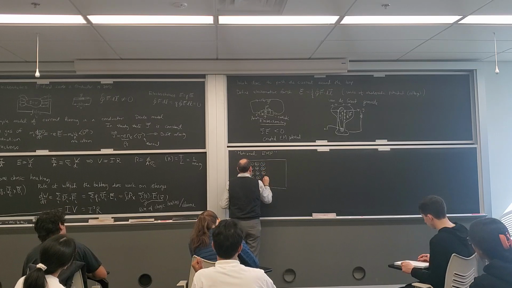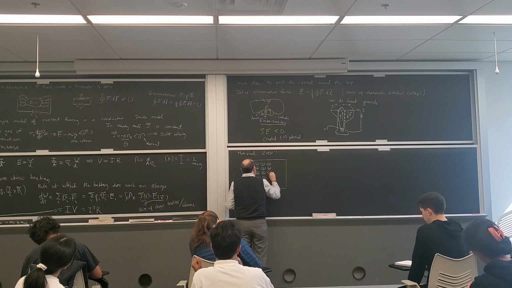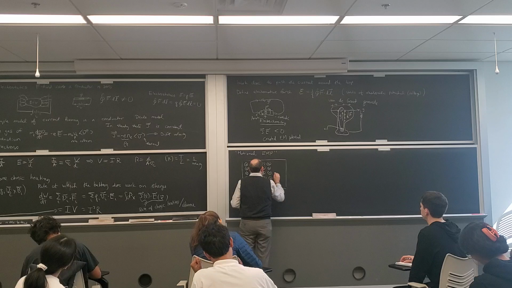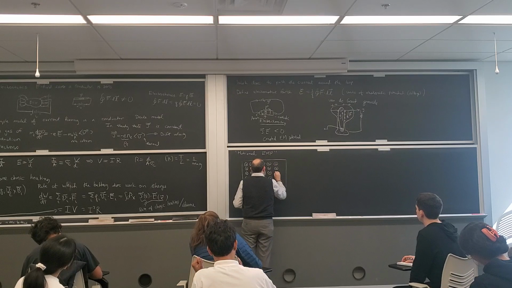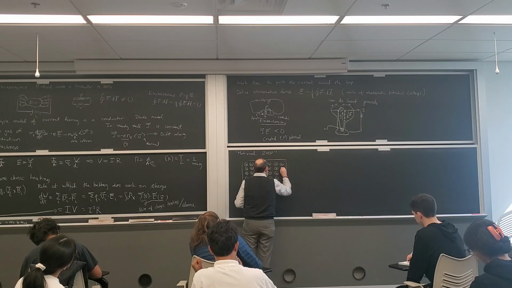We decided to make this rectangle this big, but anyway. So this is the B field. I have it into the board, and it's uniform in this region.